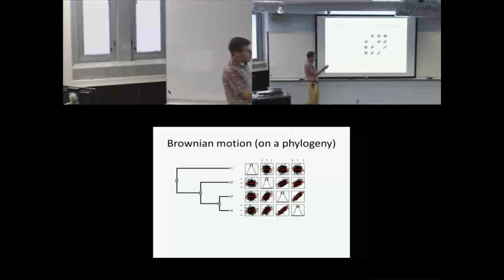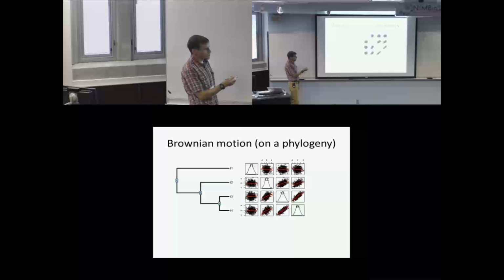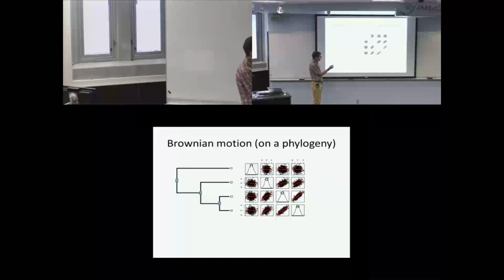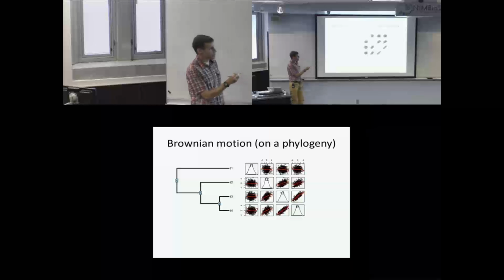Every point represents a different simulation of a character evolving by Brownian motion on the tree. And you can see that taxon 3 and taxon 4 here have tightly correlated distributions of phenotypic values across simulations. And that's because they share most of their evolutionary history in common.